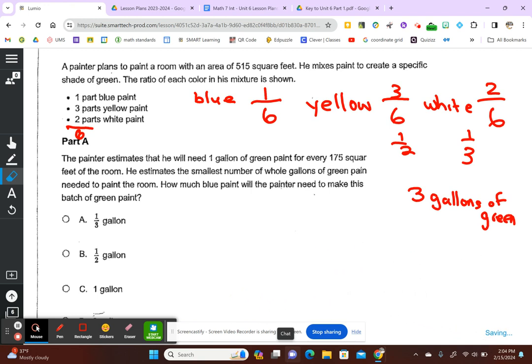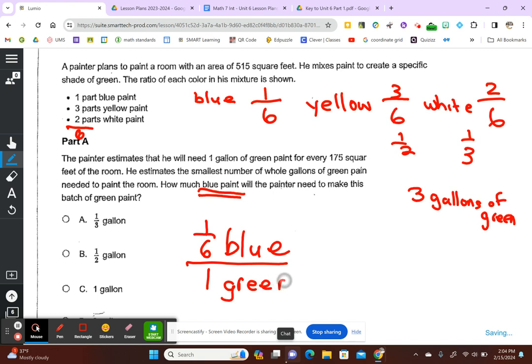So this says how much blue paint. Well, when he makes a gallon of green paint, 1/6 of it is blue. So 1/6 is blue to 1 green. And we want to know how much blue for 3 green.